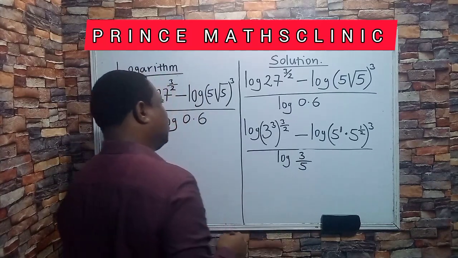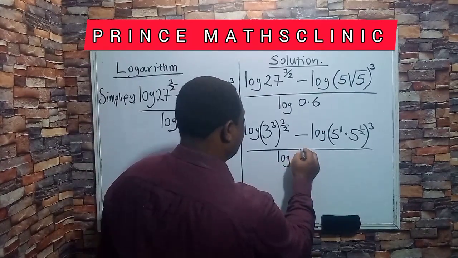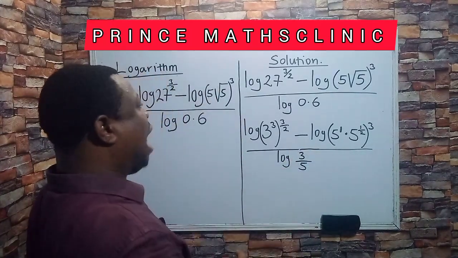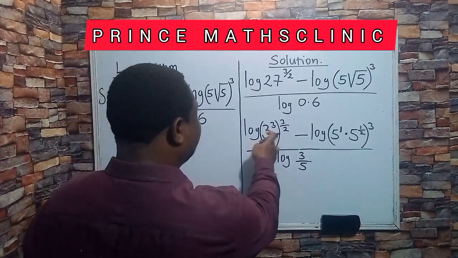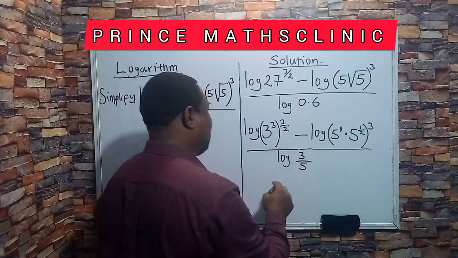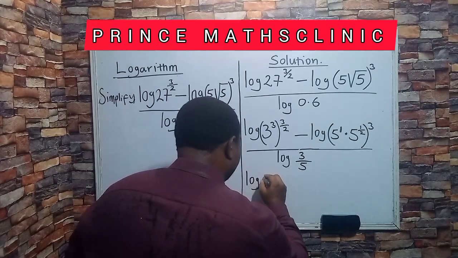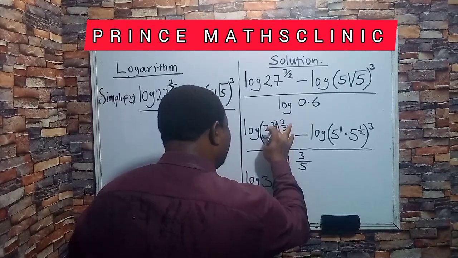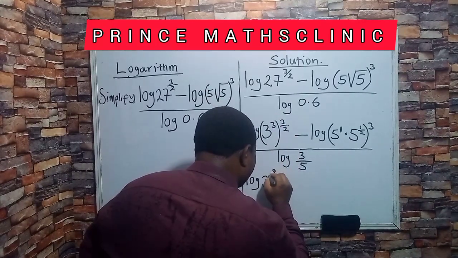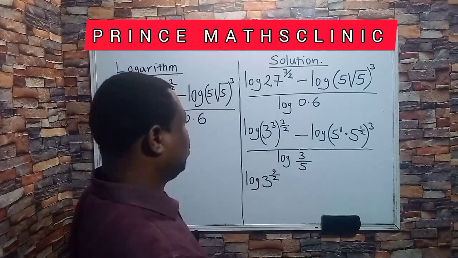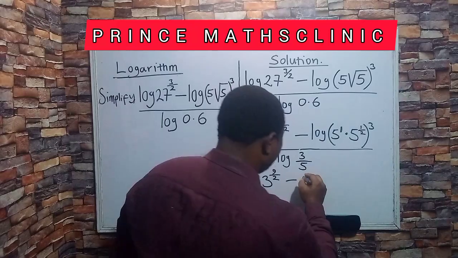Good. Then I want to simplify everything in the bracket. So this gives me what? Log, if I simplify this, 3 times 3 will be what? 9 over 2. Then minus.